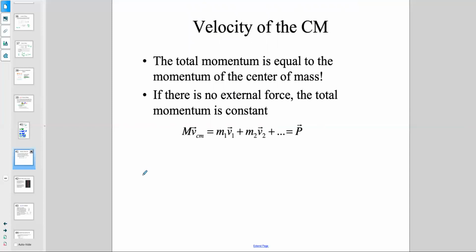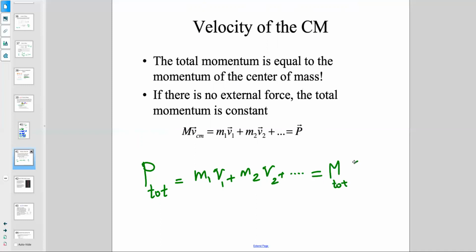So the total momentum P total is M1 V1 plus M2 V2 and so on, which is equal to M total times V of the center of mass.